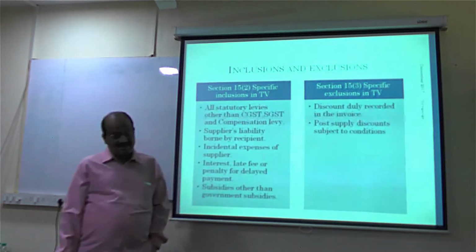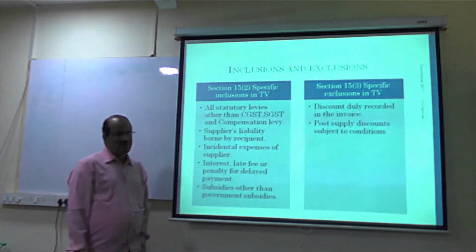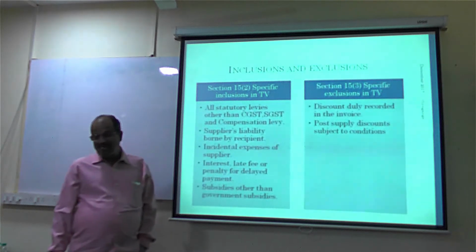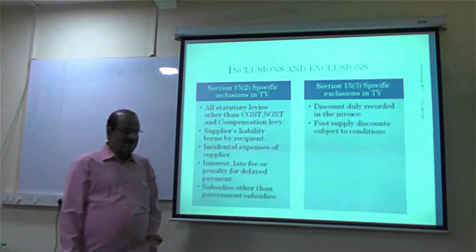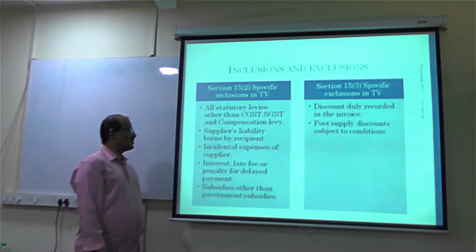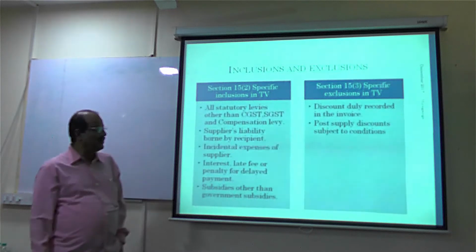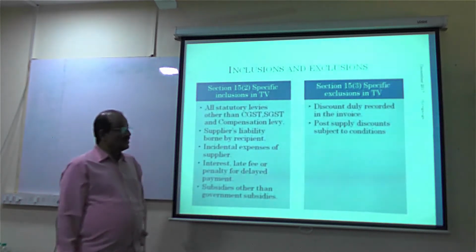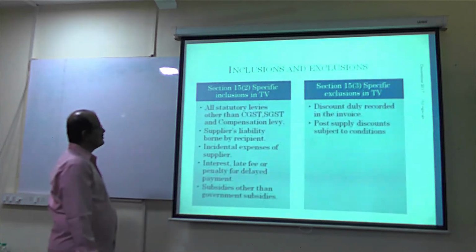The section 15 itself clearly provides for some inclusions and exclusions before proceeding to suggest movement to valuation rule when the transaction value cannot be determined under section 15. Now we look at the inclusions and exclusions.